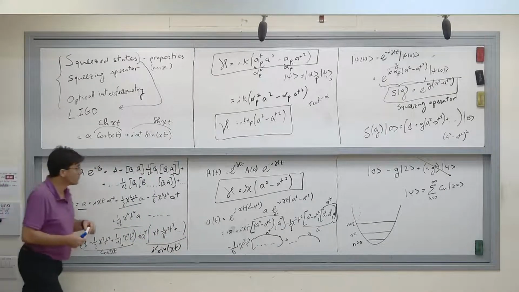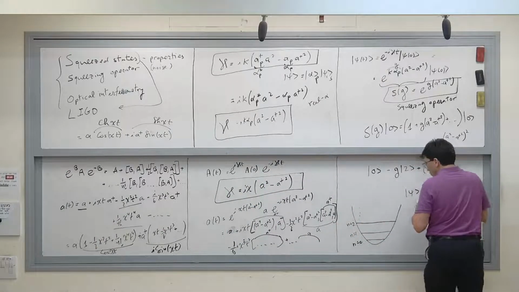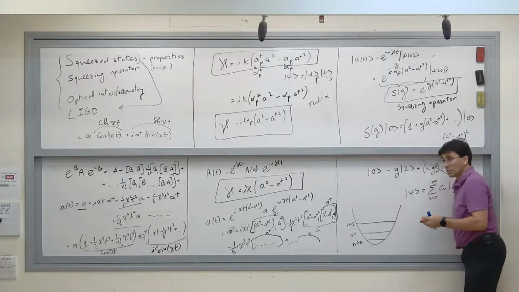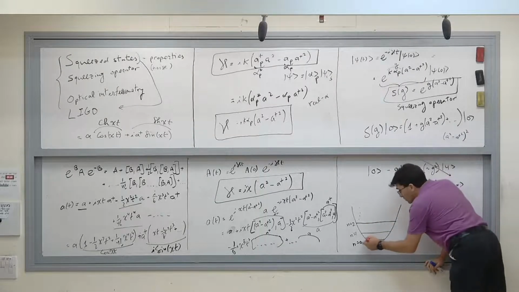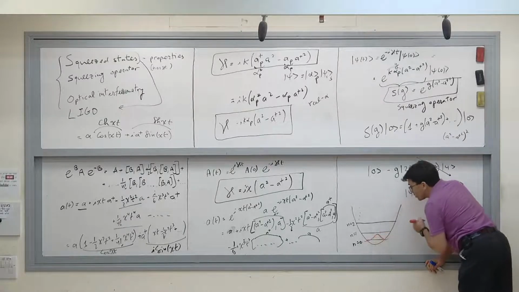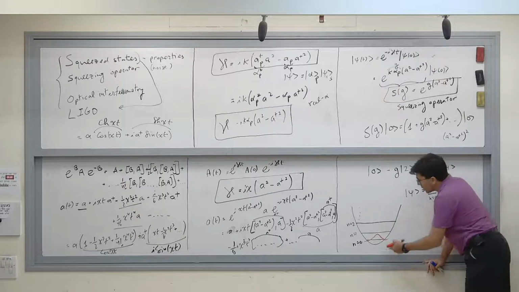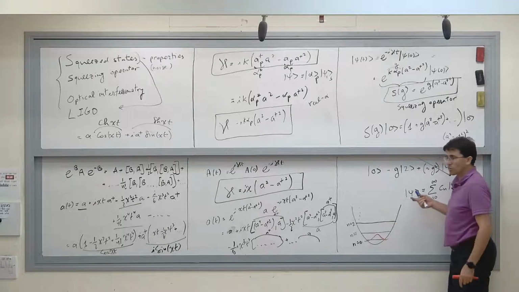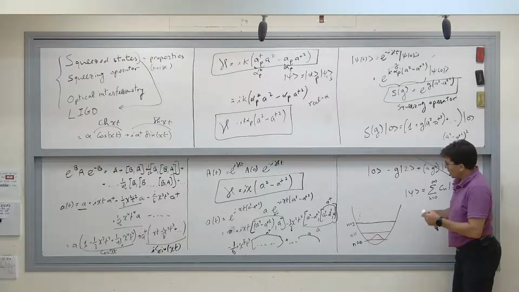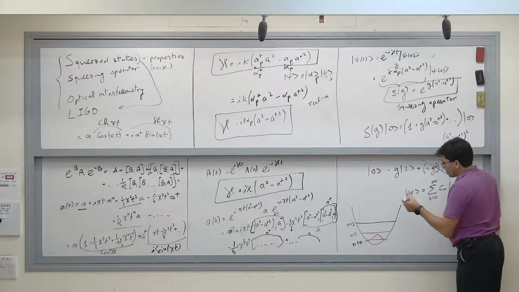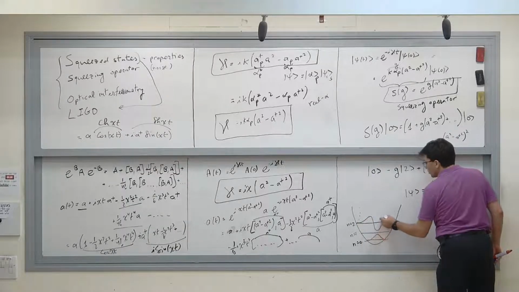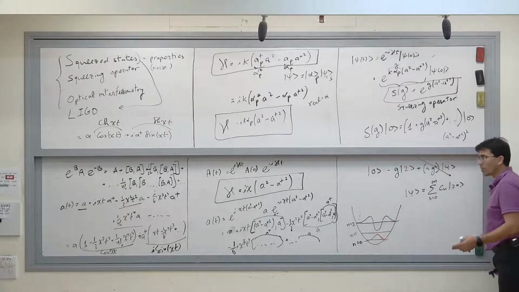Now, the vacuum in the X representation, or also in the P representation, it doesn't matter which, is a Gaussian sitting around 0. You know how n equals 1 looks, but it doesn't participate here, so I'm not going to draw it. And n equals 2 looks like this. It has some here, and then down, and back up. The Hermite polynomials.